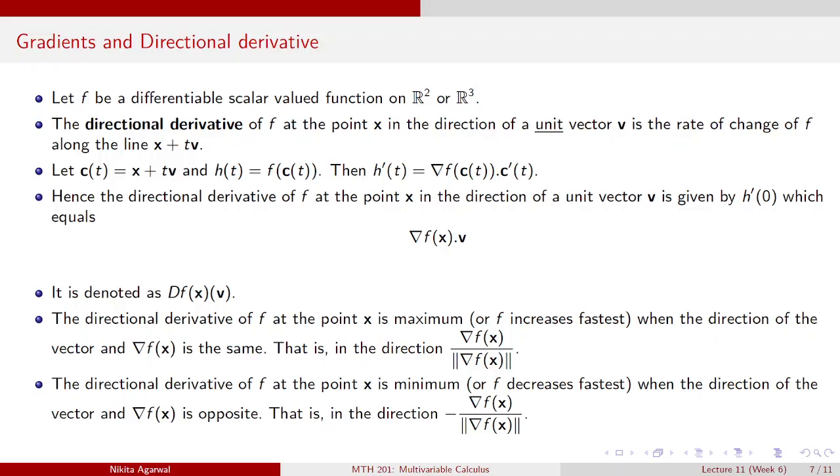What is the opposite unit direction in gradient f direction? It's negative of gradient f divided by norm of gradient f. Of course, when we do this, we are making an assumption that gradient is non-zero, because if gradient is 0, then you can't do this. So if gradient of this function is 0, then the directional derivative is 0, right?